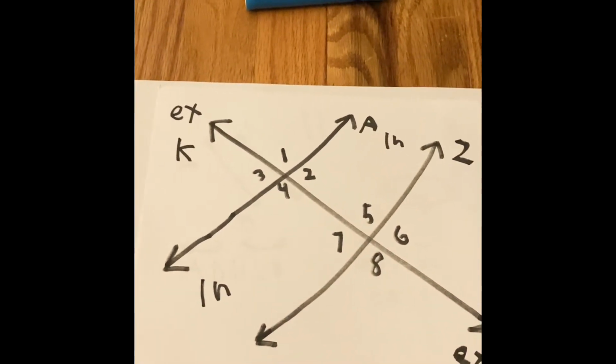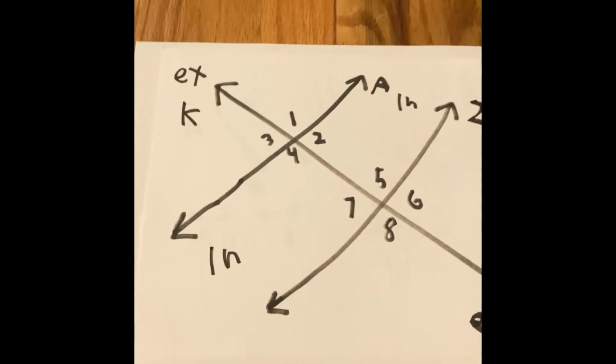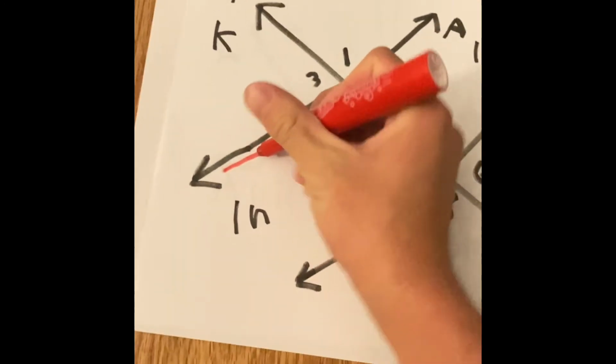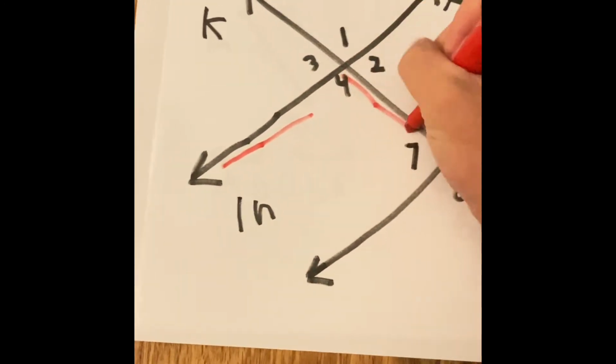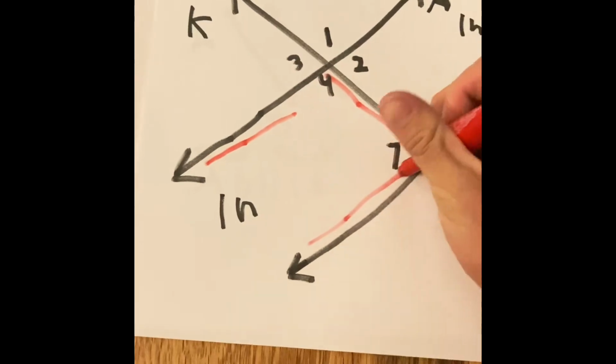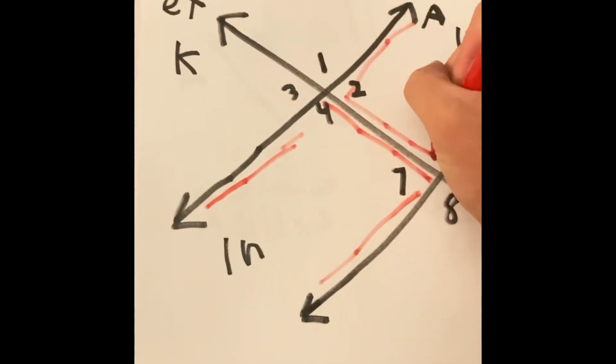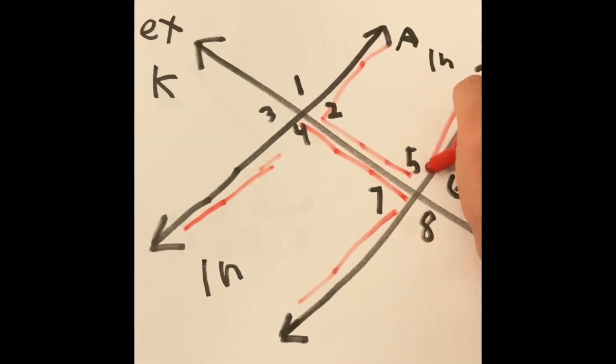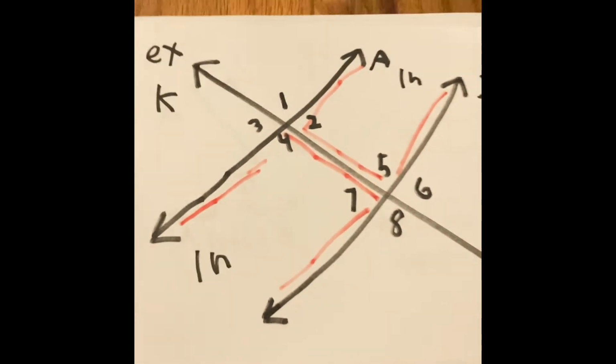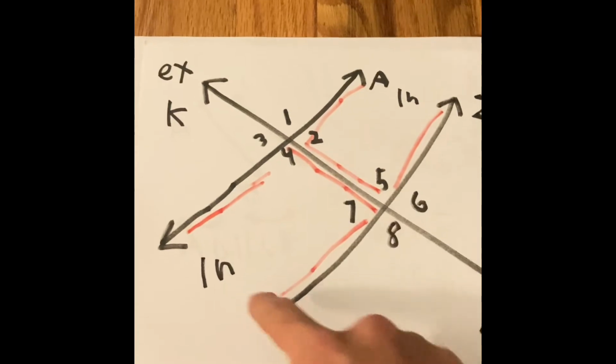And it literally says it has to be the same side. So we're going to label parts in red that look like these, because these are the same sides with each other, and also they're in the interior area.